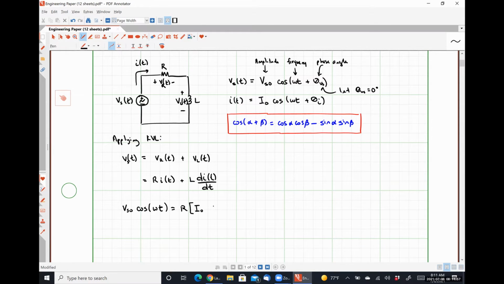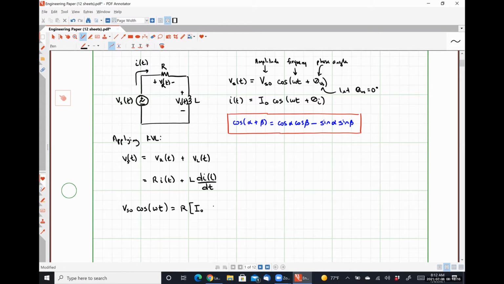I'm going to say that alpha is omega t, because that just represents an angle, right? Omega, which is measured in radians per second, multiplied by time, just gives me an angle. And obviously beta is then going to be theta I, which is just another angle.